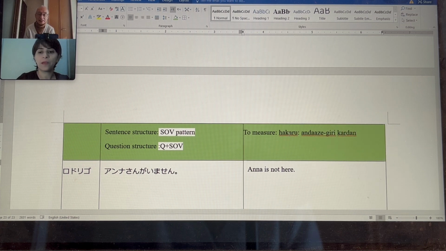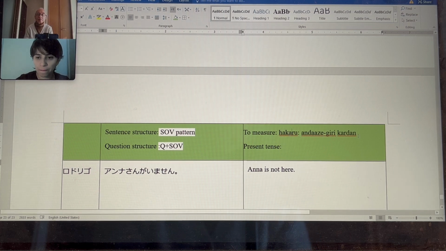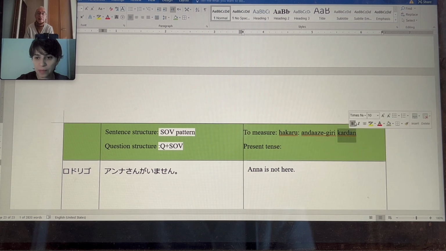So the first thing is you should know which tense, right? The tense is present tense, right? Yes. Present tense. So for the present tense, you need to have the present stem of the verb. The main verb here is kardan, right?